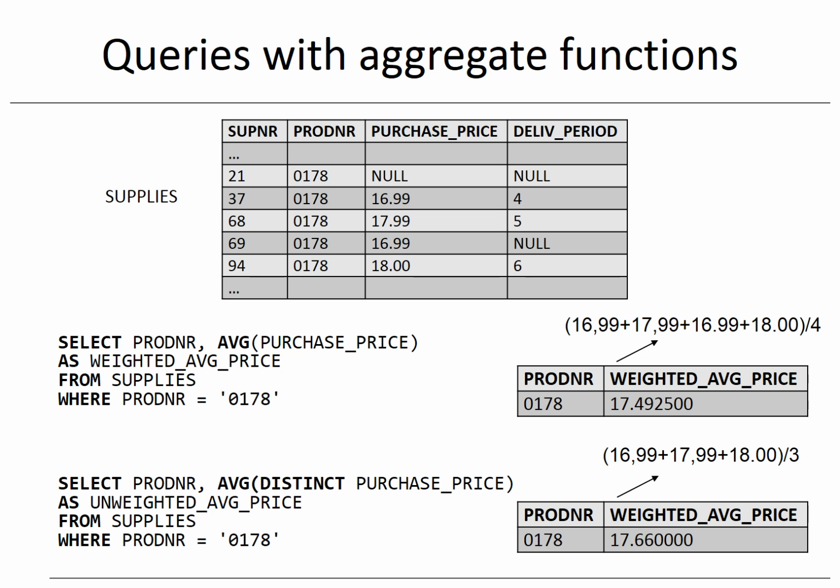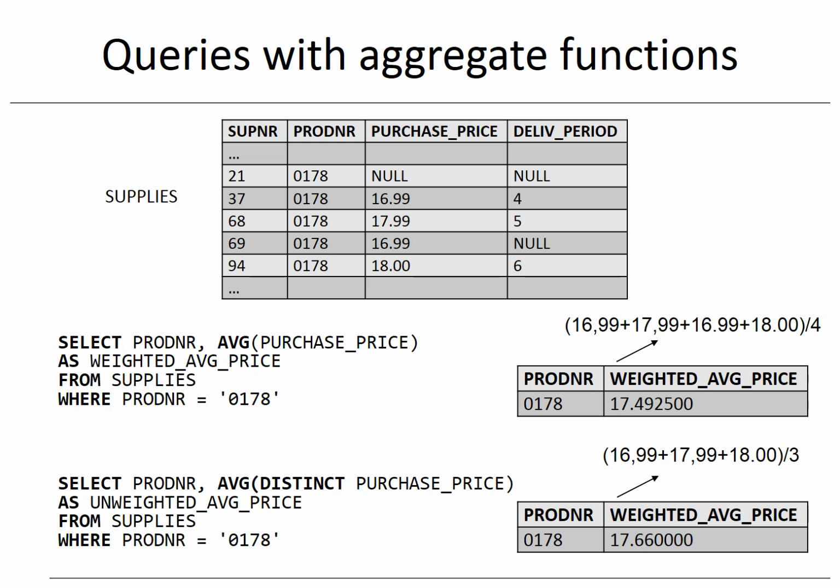Here you can see some more examples of using aggregate functions. The first query selects the product number and average purchase price from the supplies table for all tuples where the product number equals 178. The result of this query is a weighted average price, since duplicates will not be filtered out in the calculation.